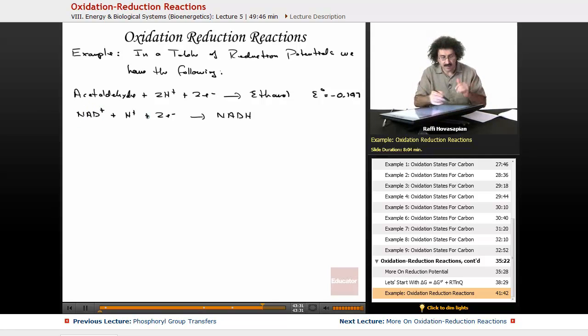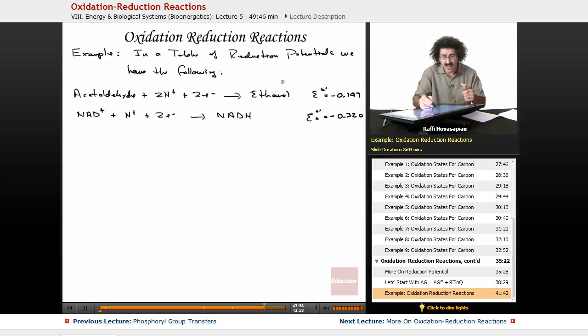In the vicinity of a couple of electrons, when it becomes reduced, it turns into this thing called NADH, and it has a reduction potential relative to the reference hydrogen electrode, which is negative 0.320.